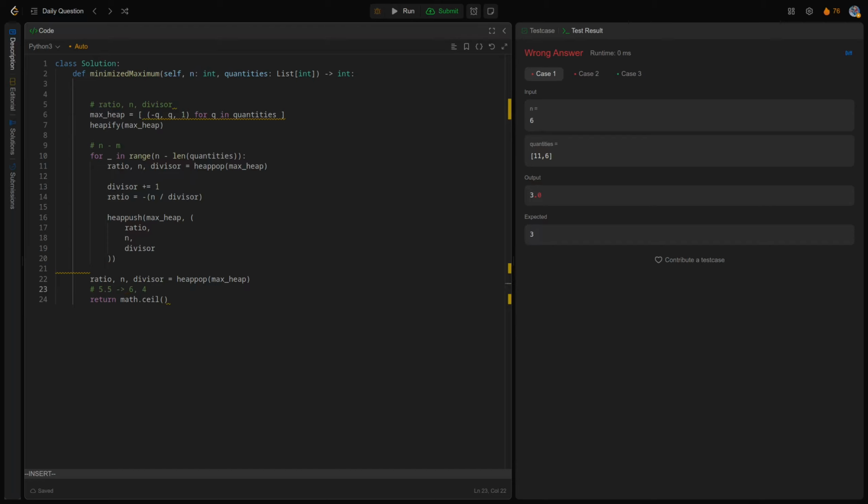Because you can't give 5.5 to a store. That's not possible. Like if we divide, for example, 11 by 2, right? Just an example. And then the ratio times 1.